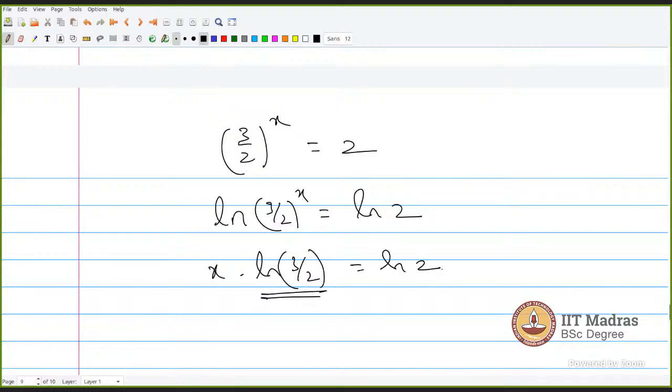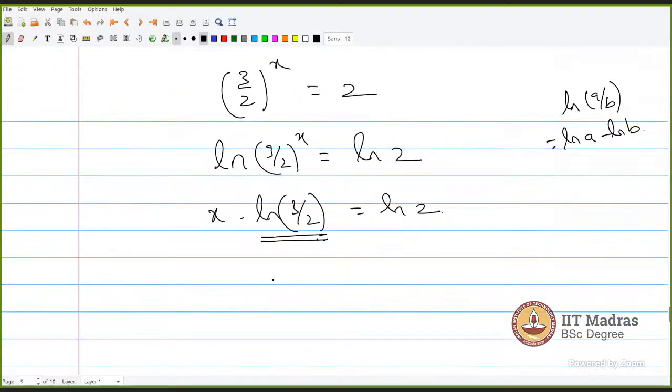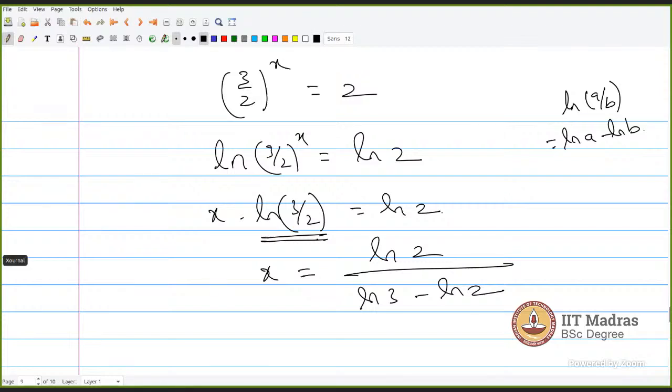Now we know this formula: ln a by b can be written as ln a minus ln b. Once you write that, x will be equal to ln 2 divided by ln 3 minus ln 2. Is this the answer? Yes, correct, this is it.